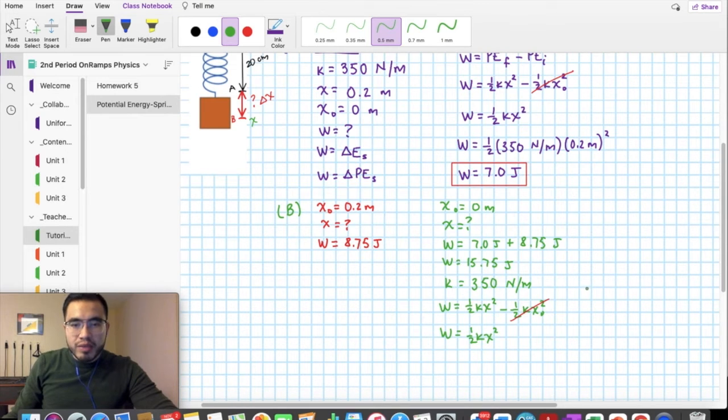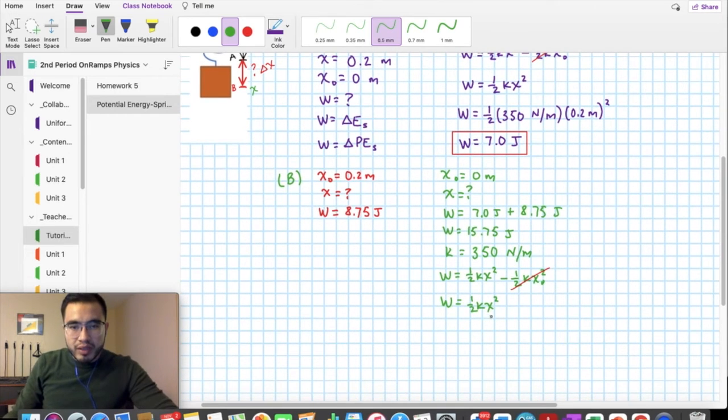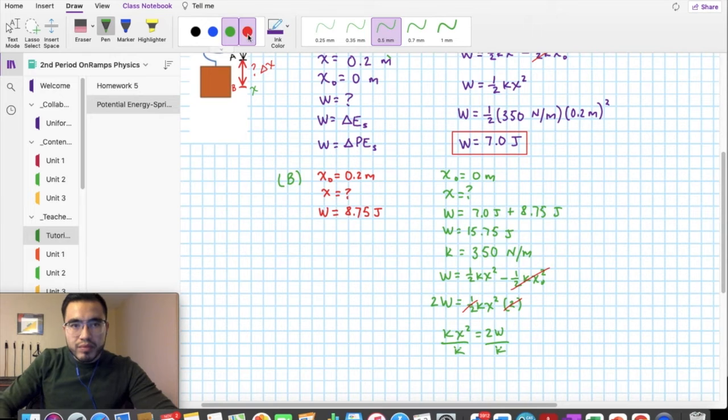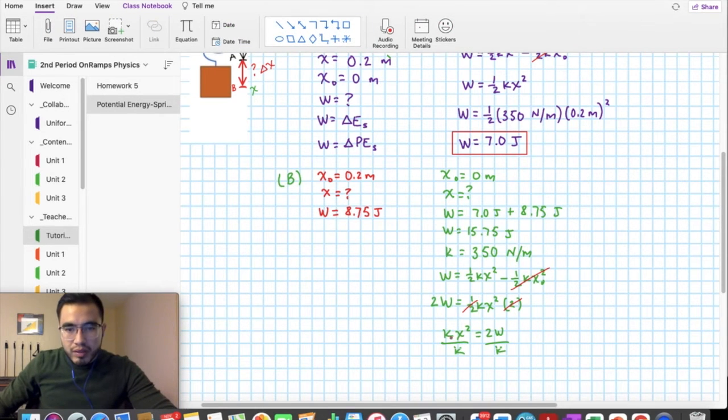And I cannot substitute just yet because what I'm finding is x. So let's solve for x. The first thing I'm going to do is get rid of this 1/2, so I multiply times 2 both sides, as you guys know. I'm going to flip my equation, so I have k x squared equals twice the work. We divide by k, which is the spring constant, so this cancels.